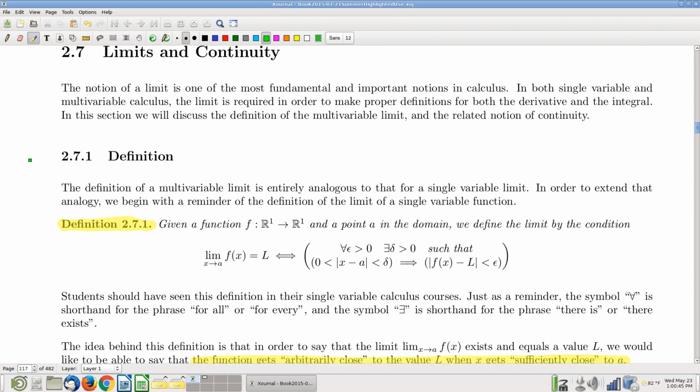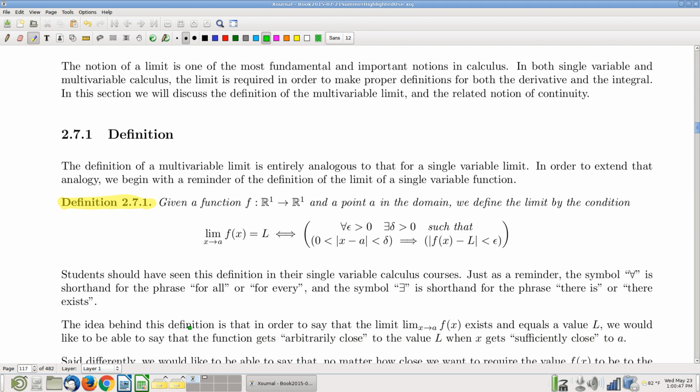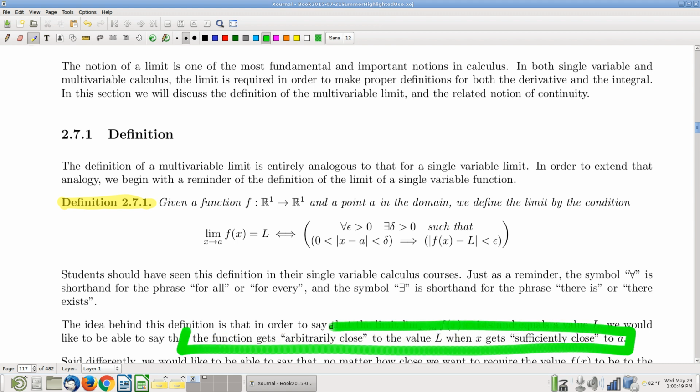A nice way to say this is that the limit as x approaches a of the function f is equal to a value L. By the way, this is for a function from R1 to R1. This is single variable calculus. This is what ideally you should have seen in a Calc 1 class, and I know that this usually gets skipped over.